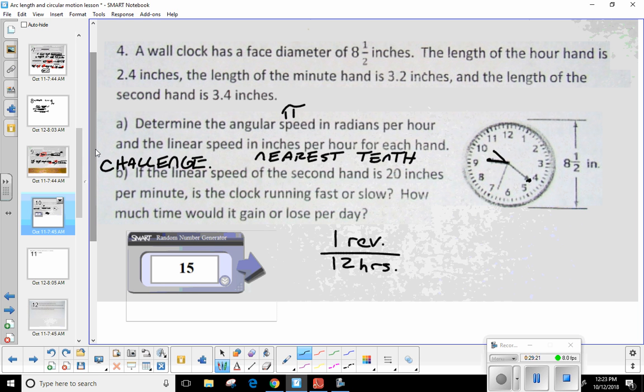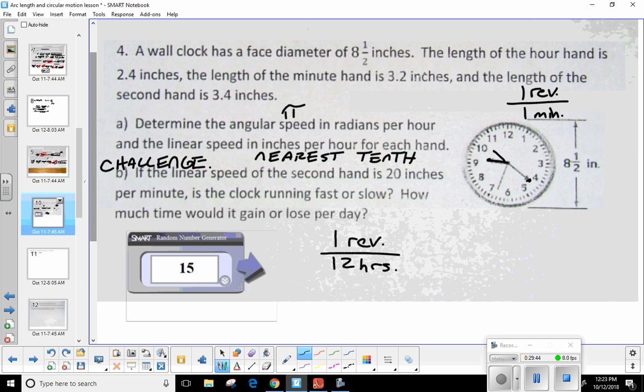Okay. Now think about what we did with the second hand. We started off with 1 revolution only takes 1 minute because he's traveling a lot faster than the hour hand is. Okay. What about the minute hand? How long does it take him to do 1 revolution? 60 minutes. There you go.